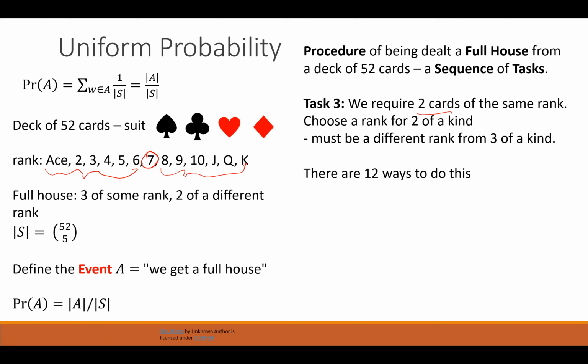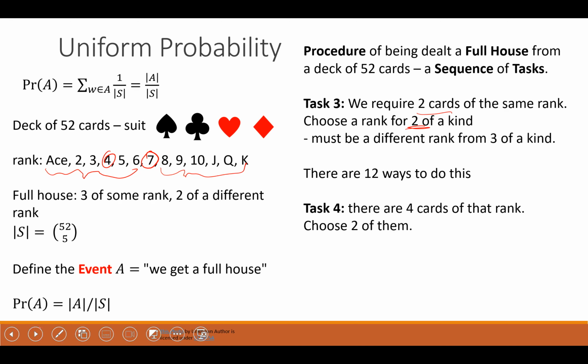Once I do that, again, if I choose, let's say 4, well, there's 4 different 4s, and I want to choose 2 of the available ones. So I have 4 cards of that rank, and I choose 2 of them. There's 4 choose 2 ways to do that. We said 12 here, and we said 13 before.